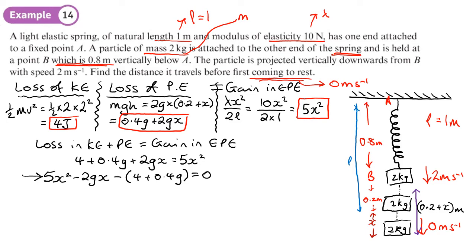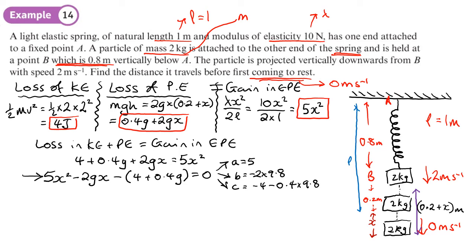Now from this point I could actually use the quadratic equation with a equal to 5, b equal to negative 2 times 9.8, and c equal to negative 4 minus 0.4 times 9.8. But I'm actually just going to use the calculator to work out the solutions.